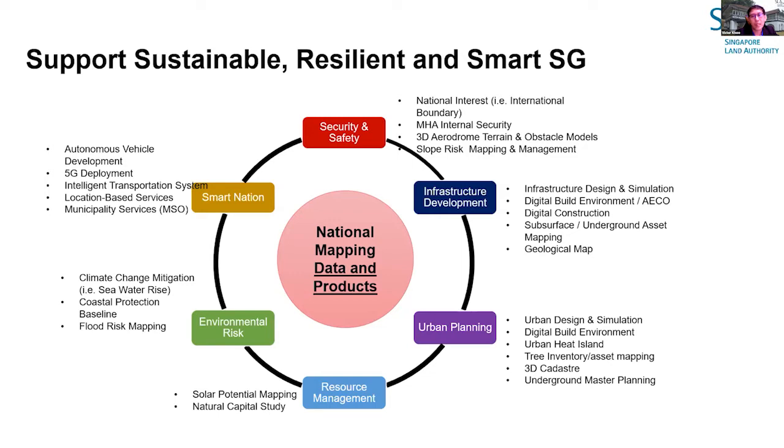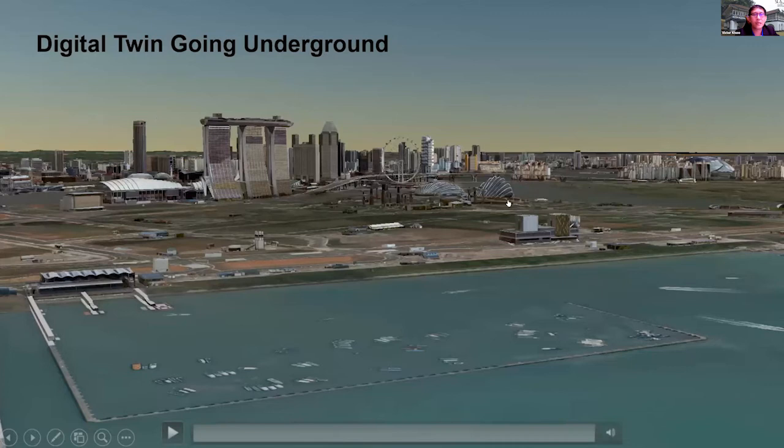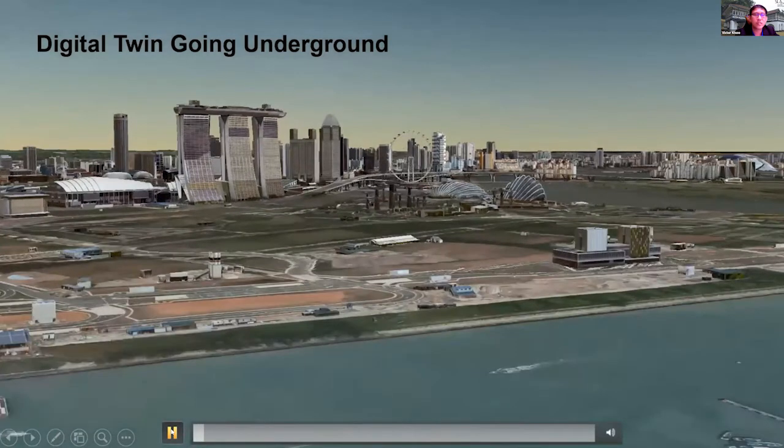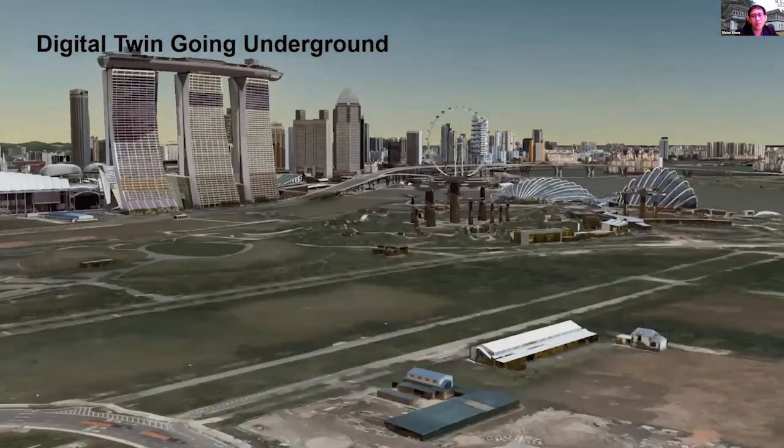So the amount of data, in this case, 3D mapping data and products captured and produced, has been shared across the government agencies, used extensively in the different applications, and become the bedrock for the different applications among the government agencies. And of course, we are looking at this digital twin going underground.